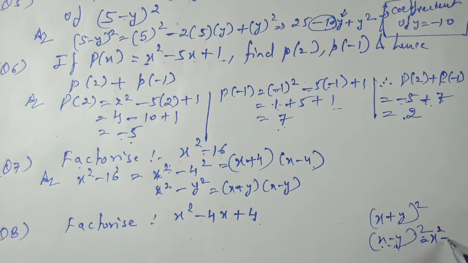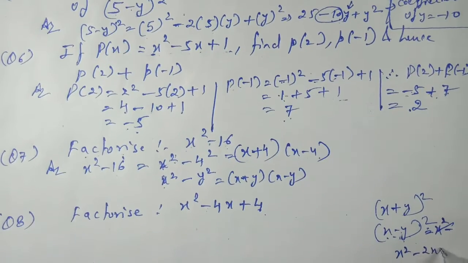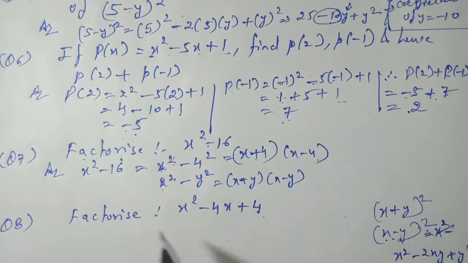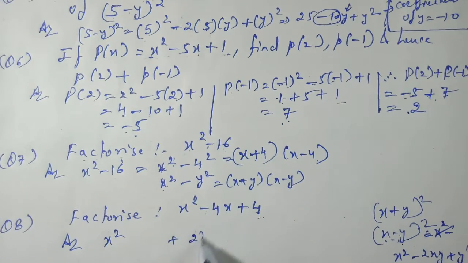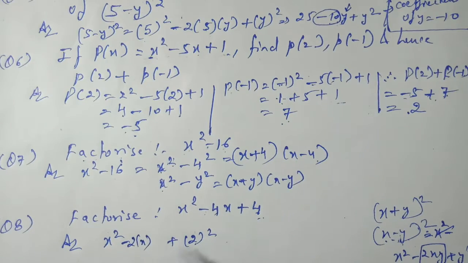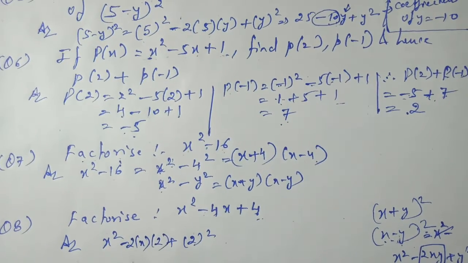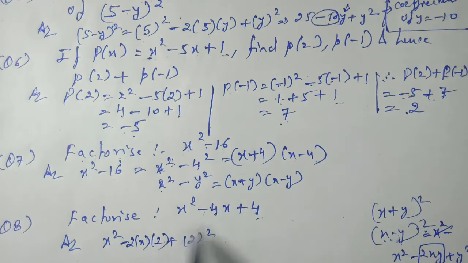x square minus 2xy plus y square. So let us solve it. x square plus 2 square. Here is the minus sign. We know that the middle number is 2 into x into y. In place of y we have 2. Multiplying, minus, 2 into 2 gives 4, and x.